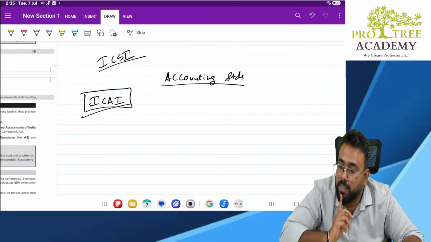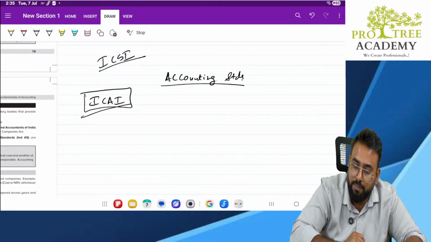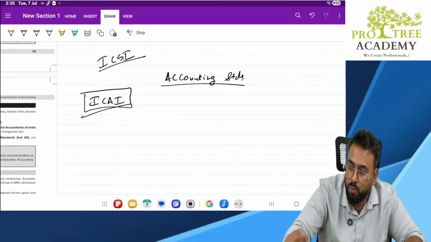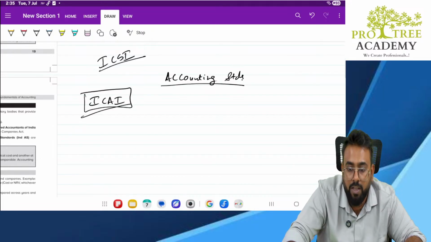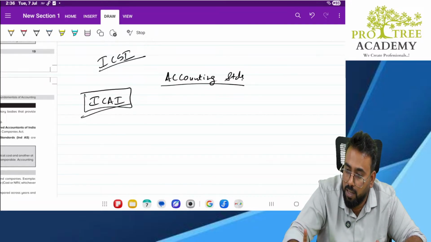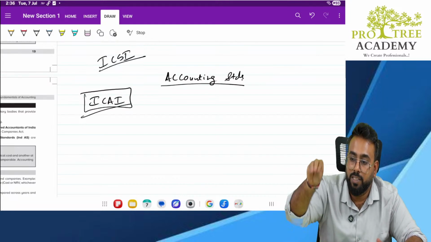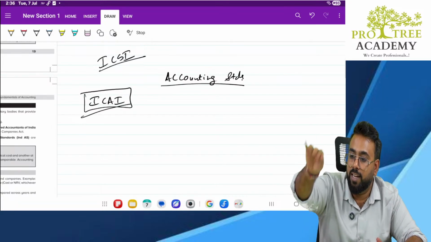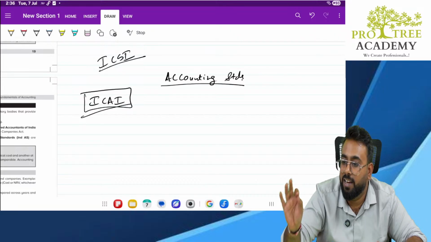So now ICAI said, see how they are recognizing revenue. A goods seller will recognize in one way, the service industry in a different way, and the mixed in yet another way. So ICAI said we need certain conditions or rules here. They introduced an accounting standard called revenue recognition, AS 9.